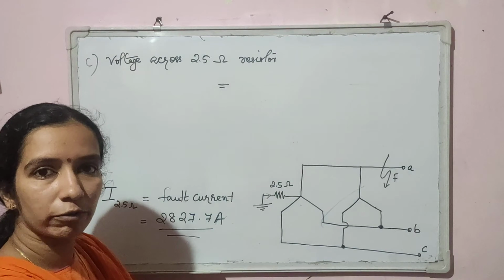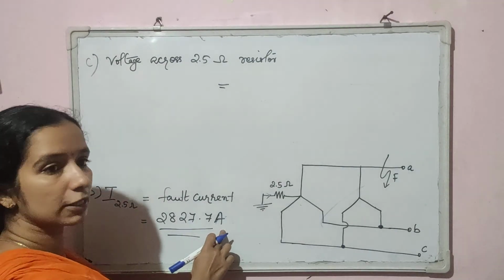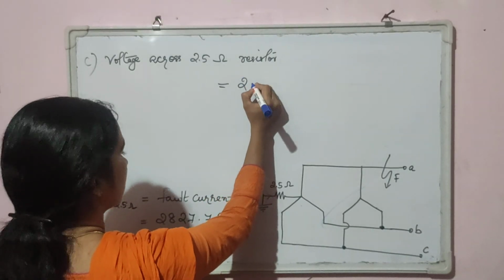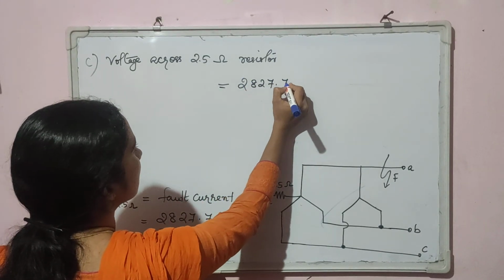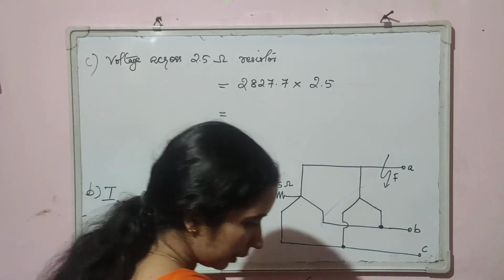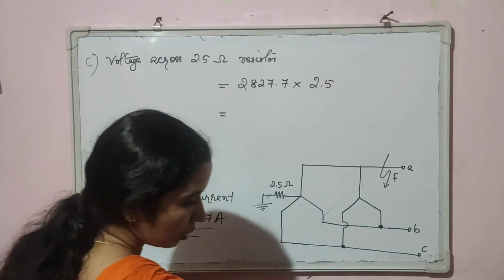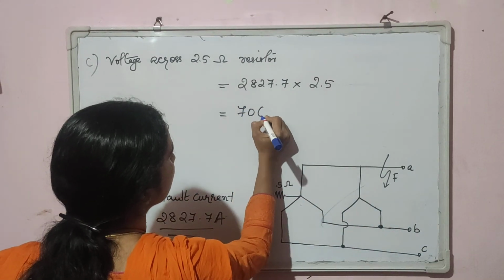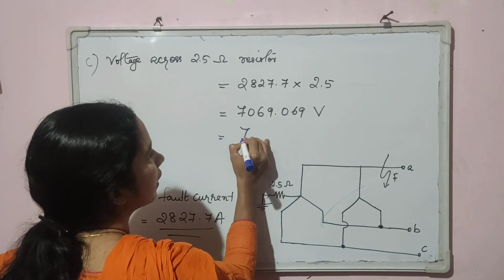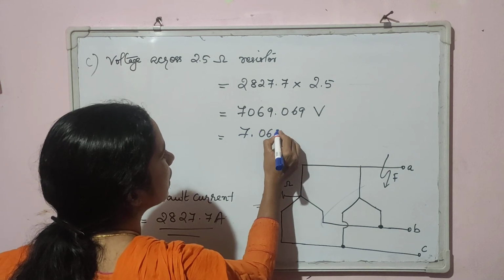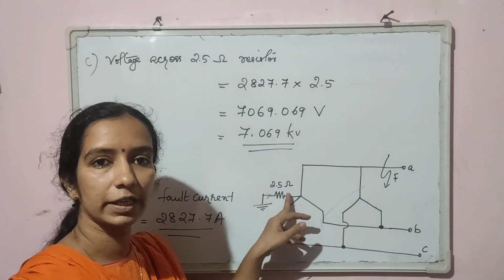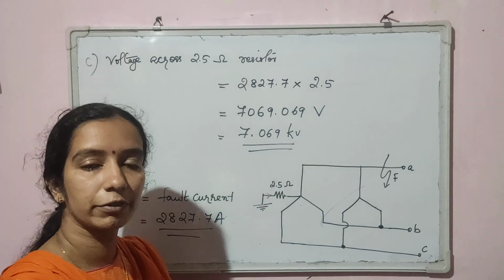So let us use the actual values itself. Actual value of current is known, actual value of resistance is known. So voltage will be equal to current 2827.7 into the resistance, that is 2.5, and the answer will be 7069.069 volt, or this can be written as 7.069 kV. So this is the value of voltage appearing across this 2.5 ohm resistor.